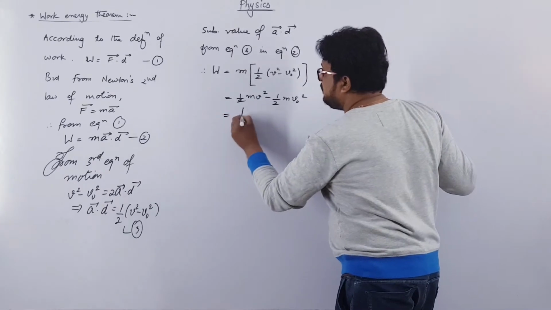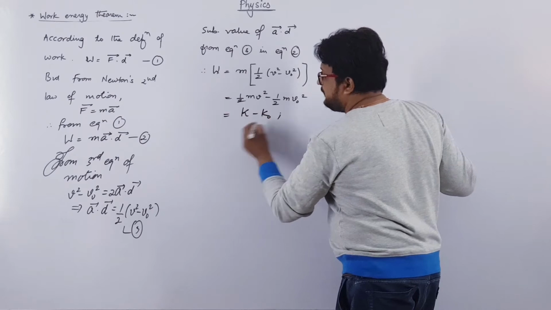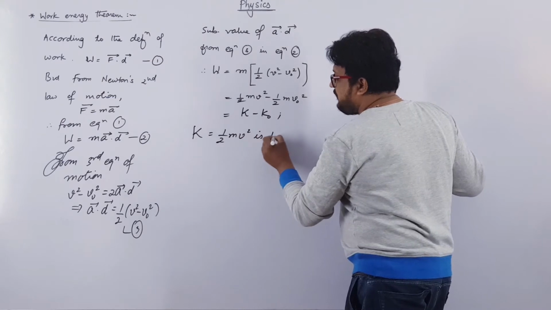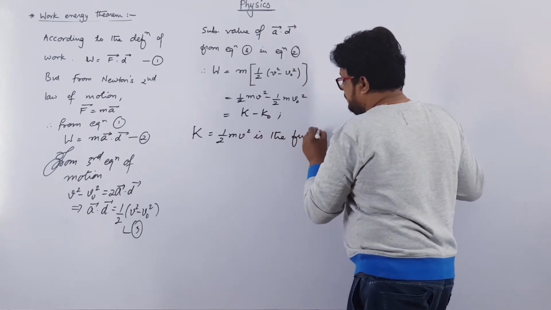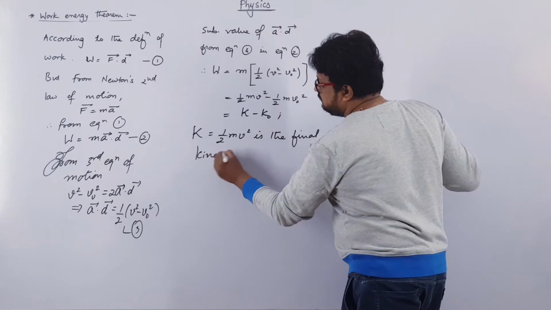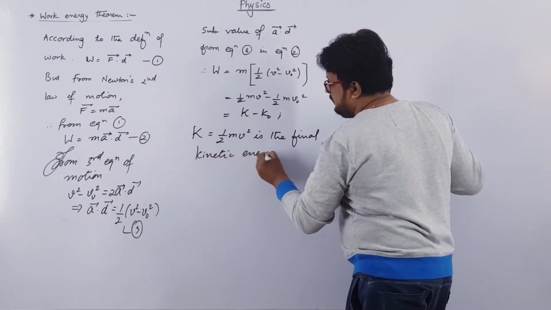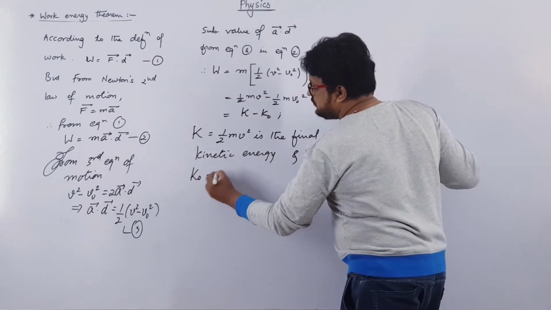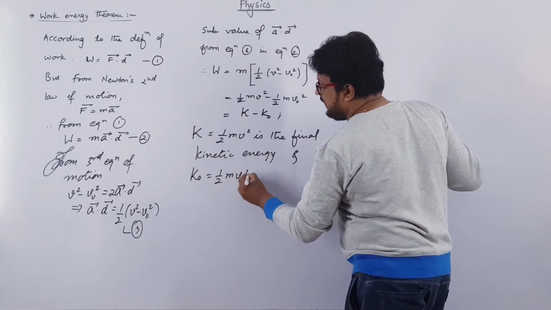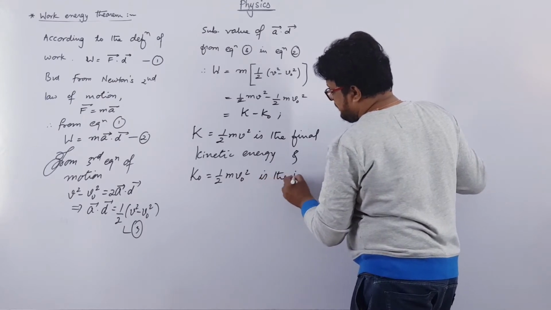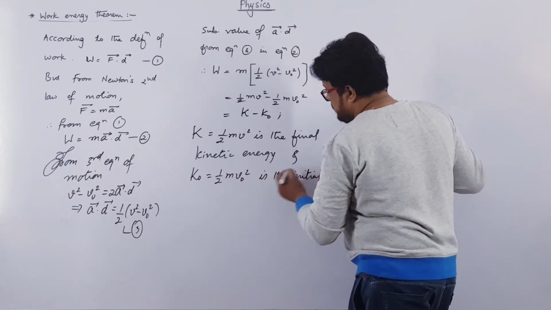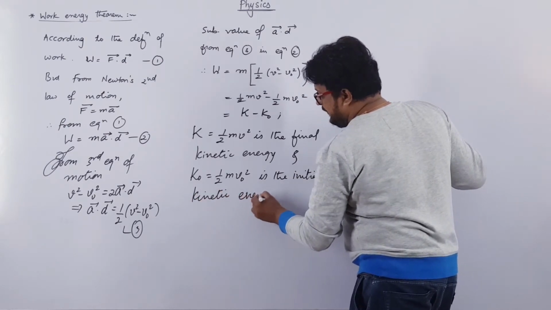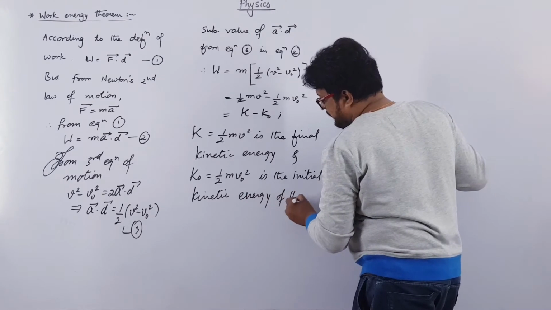So this will be equal to K minus K naught, where K equal to half mv square is the final kinetic energy of the body or of the particle, and K naught, which is equal to half mv naught square, is the initial kinetic energy of the body, of the particle, you can call.